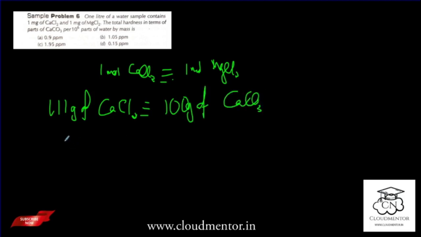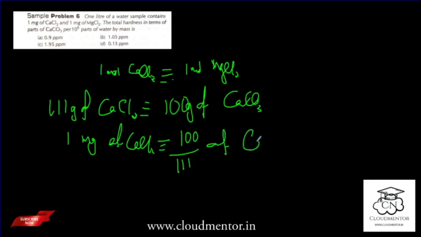So 1 milligram of CaCl2 will be approximately equal to 100 divided by 111 milligram of CaCO3.